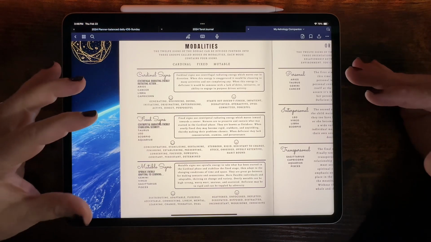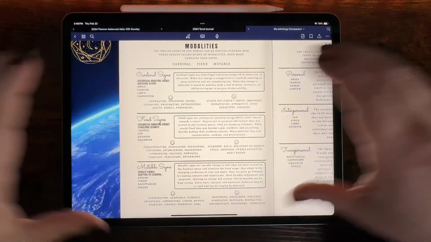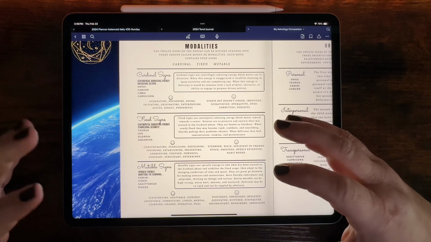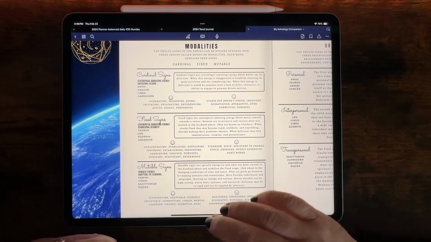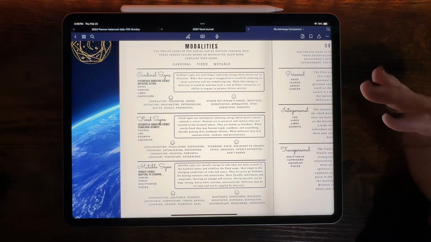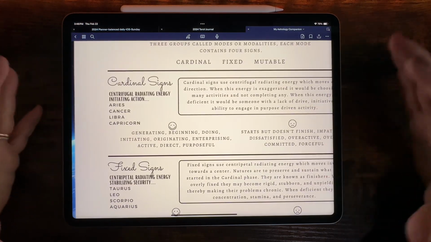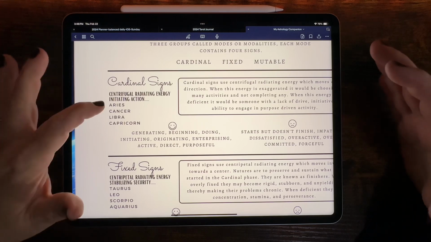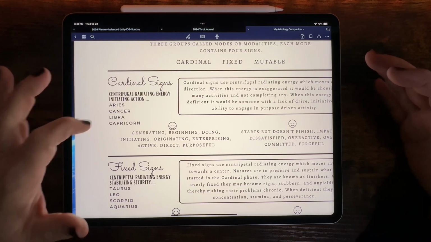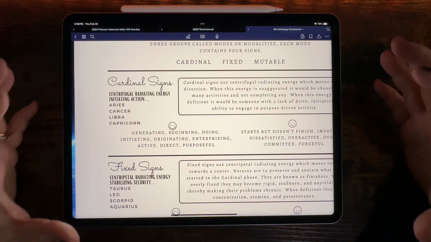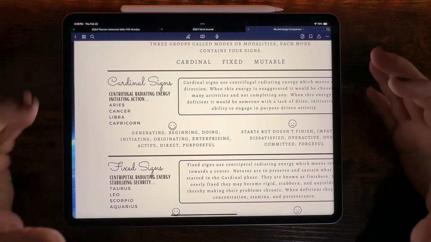The fixed signs were in the dead middle of the season, and the mutable signs were the endings of those seasons. When this was all started, Aries, Cancer, Libra, and Capricorn were the seasons.